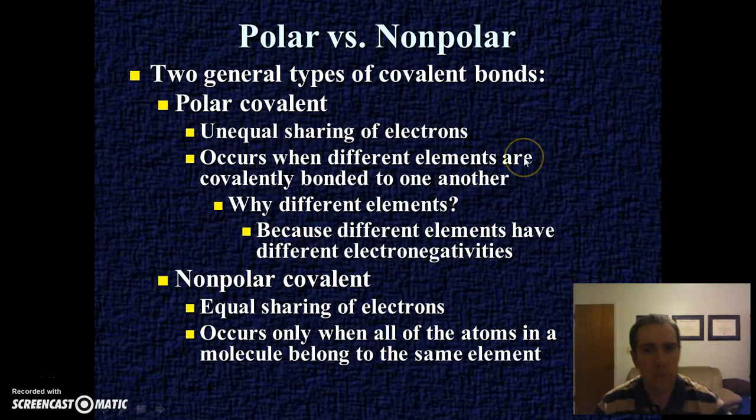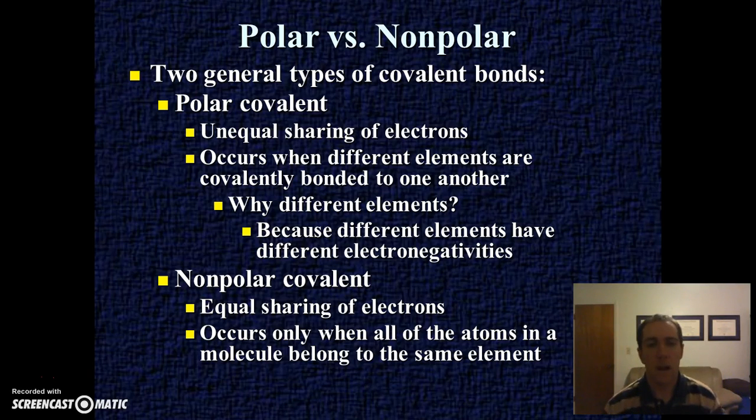And this only happens if the two atoms that are sharing the electron are of different elements. If you have two of the same element, it won't be a polar covalent bond. And that's because different elements have different electronegativities.